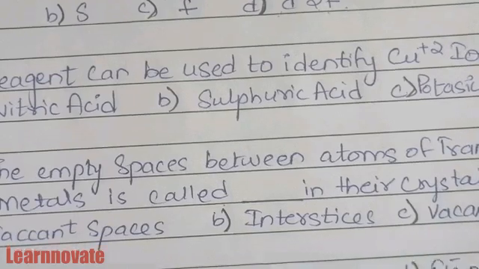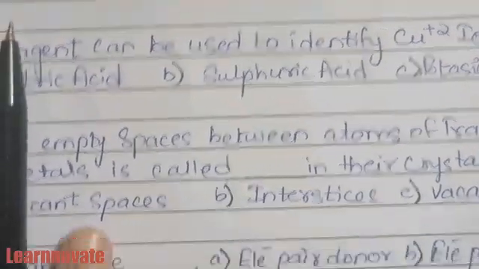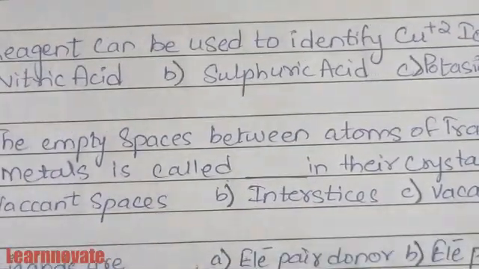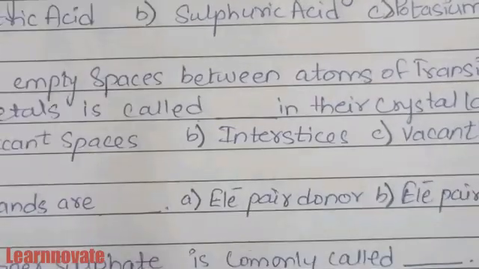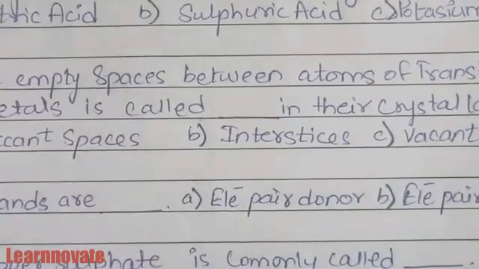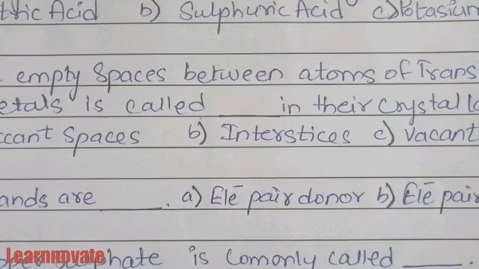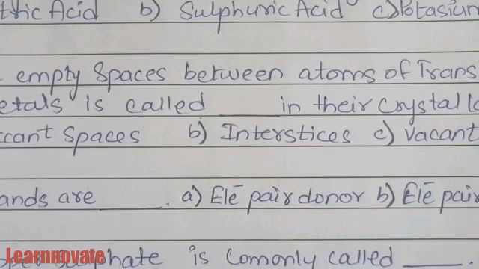The next question says ligands are dash, electron pair donor or electron pair acceptor. I gave you two options, either both of them are correct, or one of them is correct, and none of these can also be an option for this question. But the answer for this question is A, that is electron pair donor. Why are they electron pair donors?